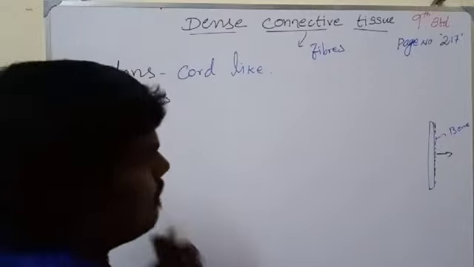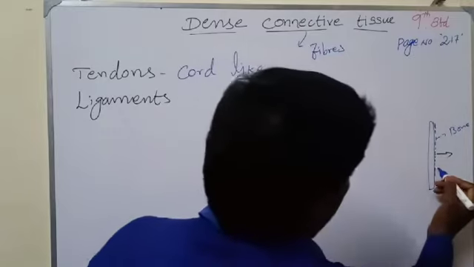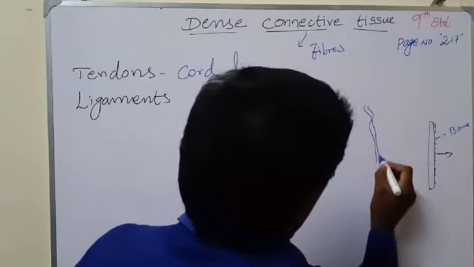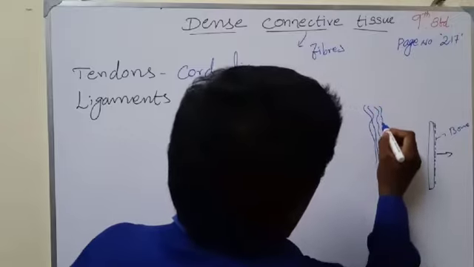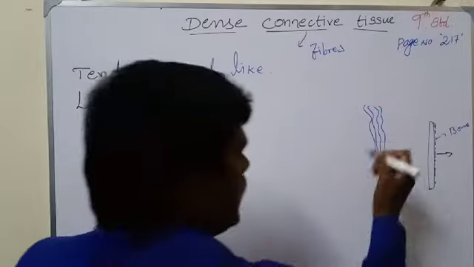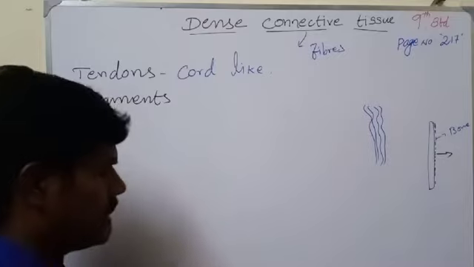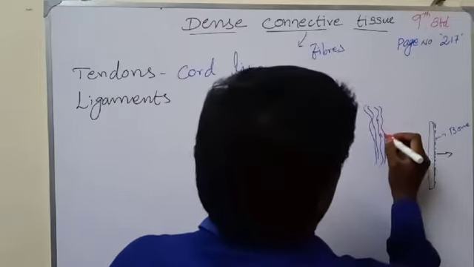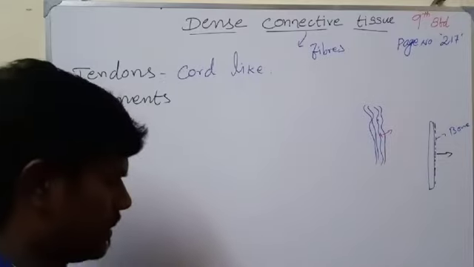That means they are composed of single layers like this, and in between are the fibroblasts. This is the fibroblast.